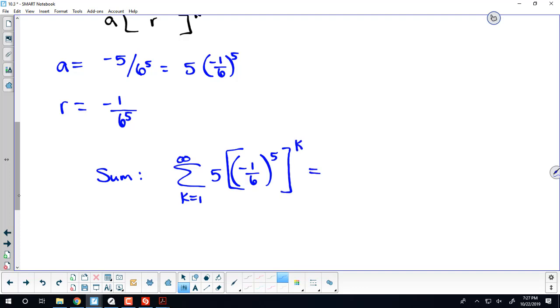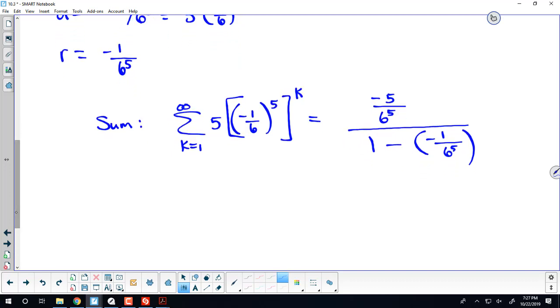That sum is A over 1 minus R. So we've got negative 5 over 6 to the 5th over 1 plus 1 over 6 to the 5th.